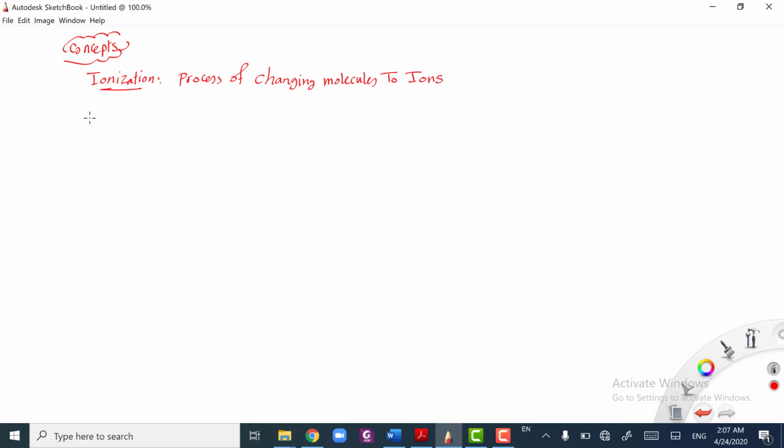Number 2, complete ionization. The process takes place in a strong electrolyte.